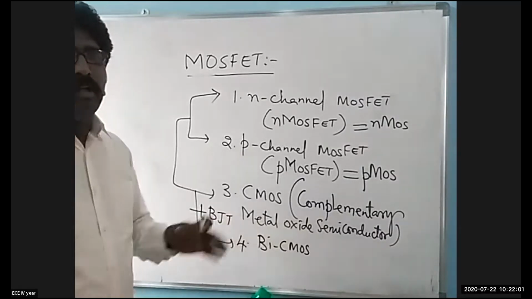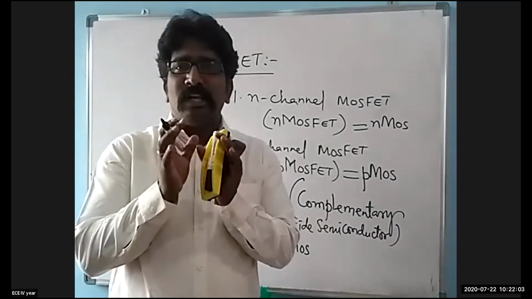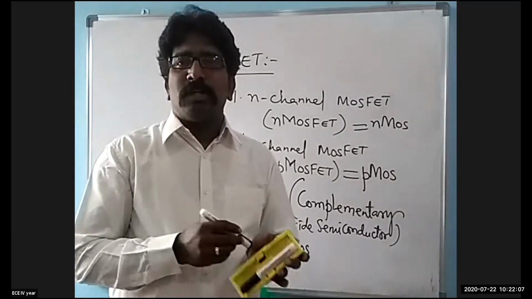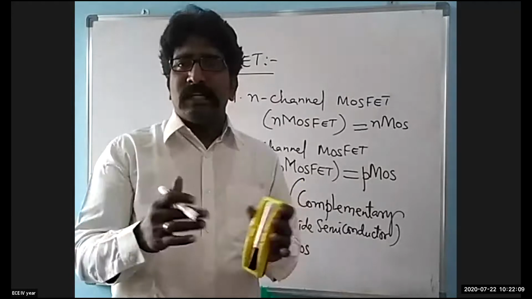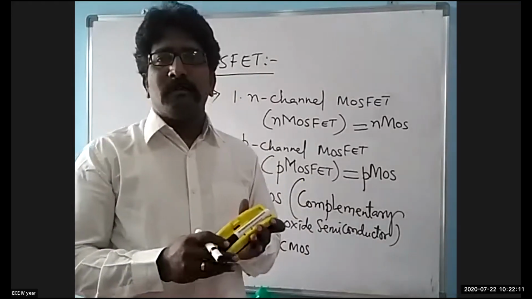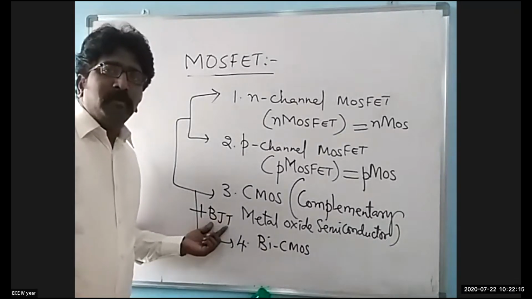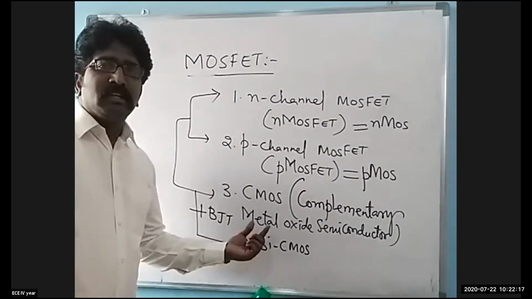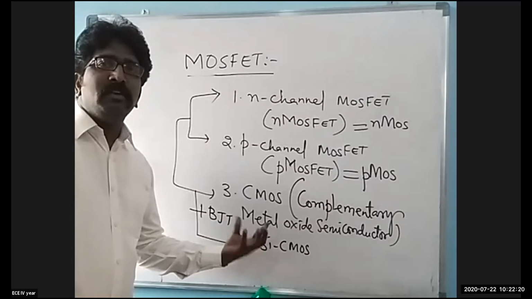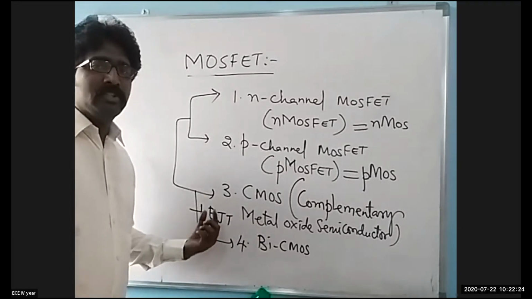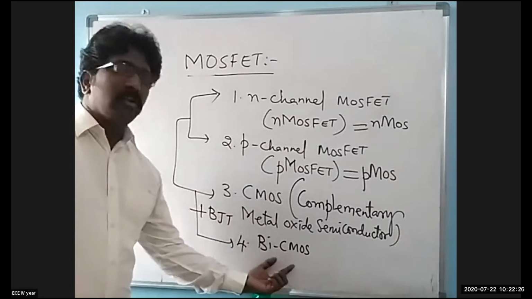Driving means how easily an output signal can be driven out at the output part of the entire circuit. That is called the driving nature of a circuit. The BJT has very good driving capability, whereas the CMOS has lesser driving capability. So they combined them to get the benefits of low power and also the driving capability of the circuit. That's how the BiCMOS technology came into the picture.